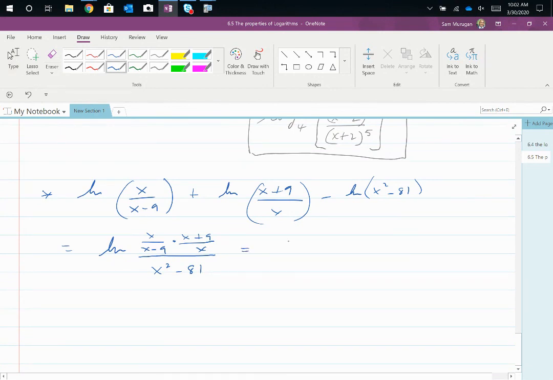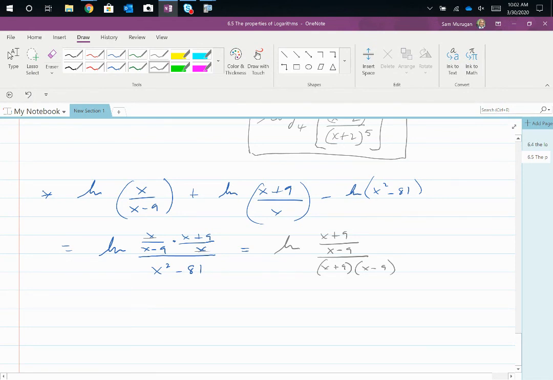So on the numerator, we've got the x's canceling out. We have logarithm of x plus 9 over x minus 9. And then if we factor the denominator, we have x plus 9 times x minus 9.